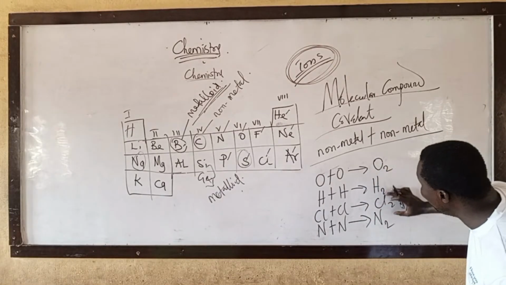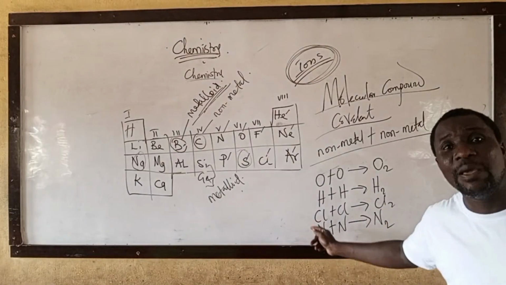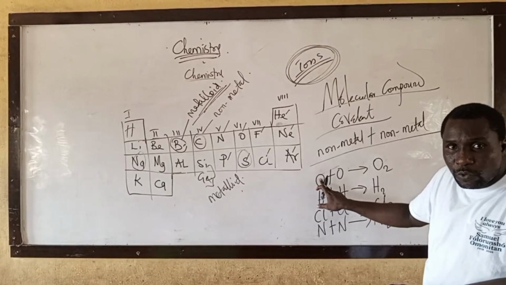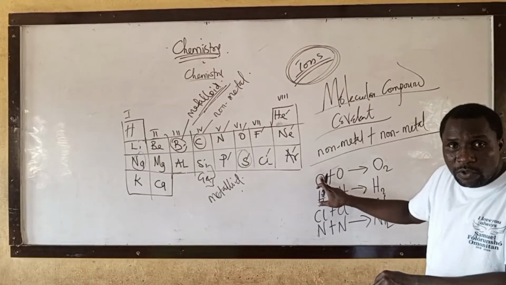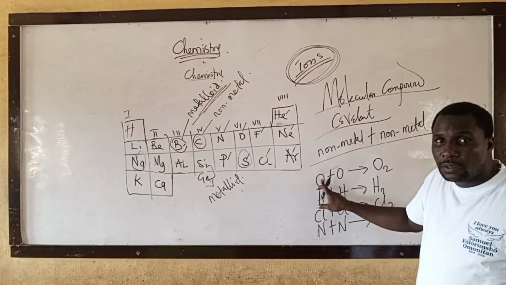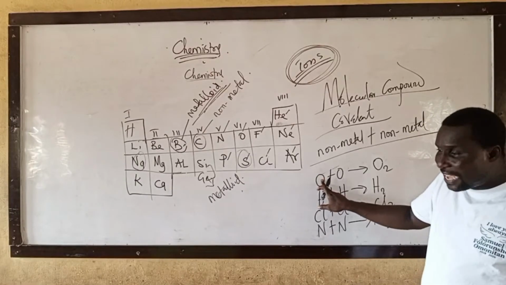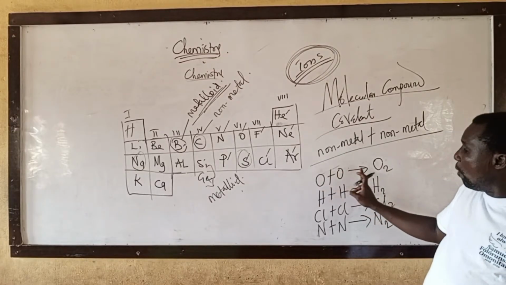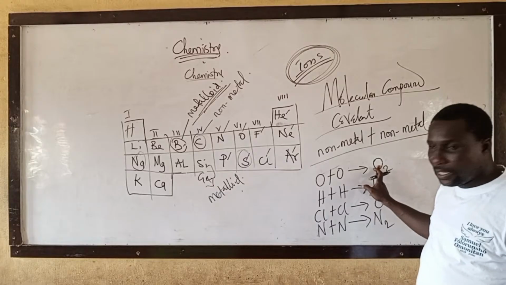If they ask you what kind of bond, it is a covalent bond. But in one atom of oxygen, what bond occurs? This one has no bond. It's not stable, so it combines with another atom of oxygen to form oxygen gas.